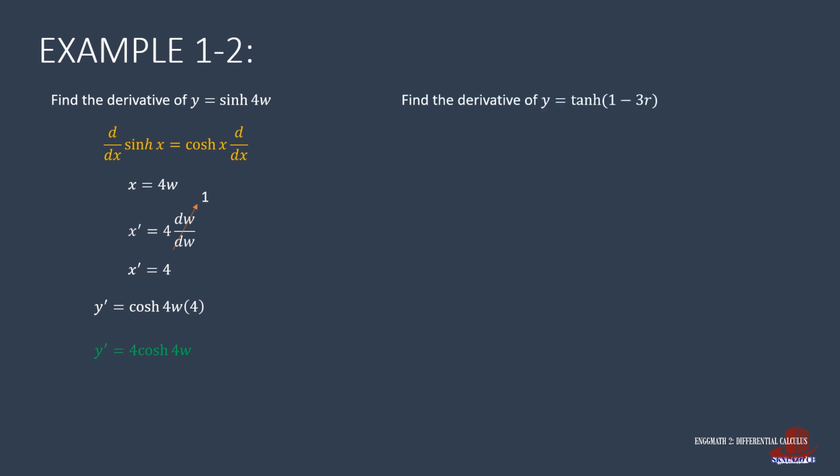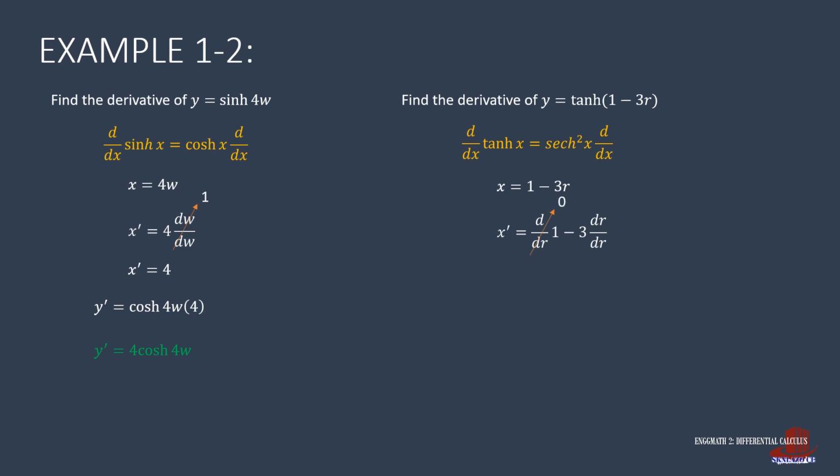The second example has y equal to the hyperbolic tangent of the binomial 1 minus 3r. Tangent is the pattern with squares, so take out x once more. In here, x is 1 minus 3r, and x prime is the derivative of 1 minus 3 times the derivative of r with respect to r.